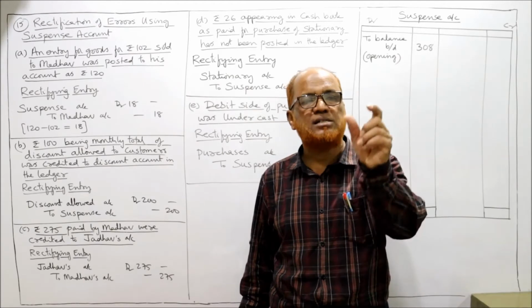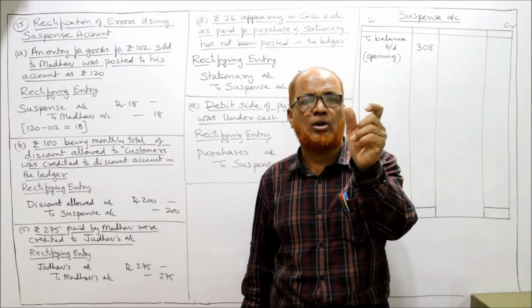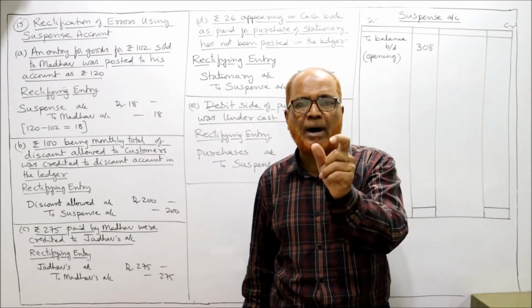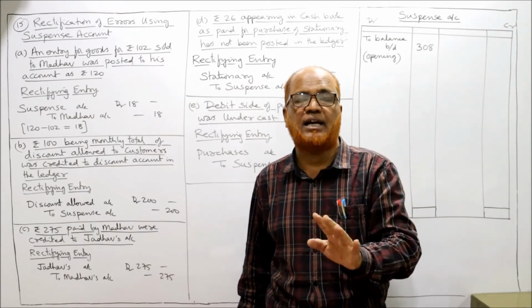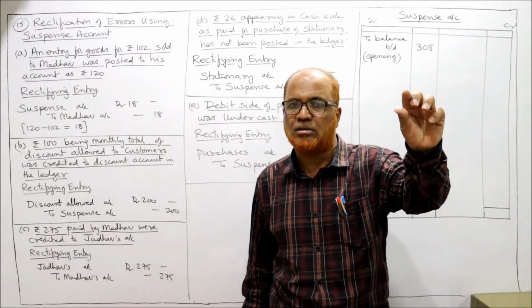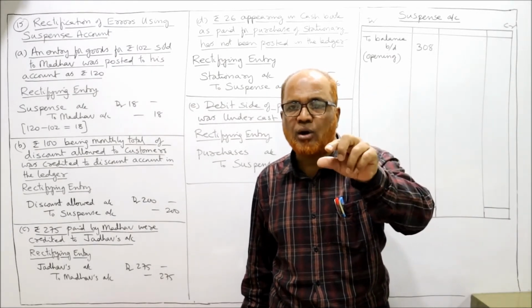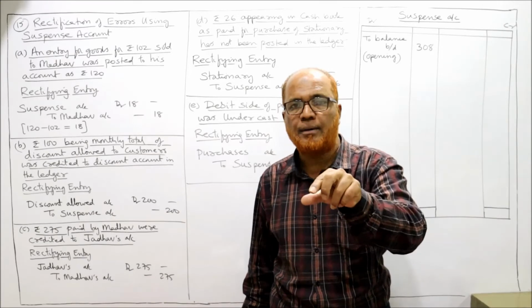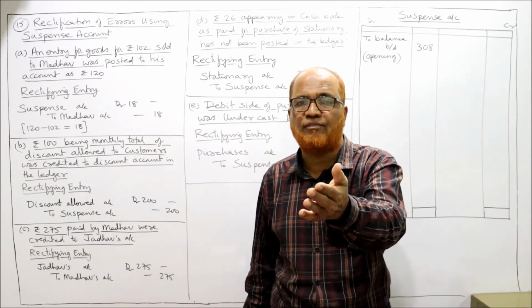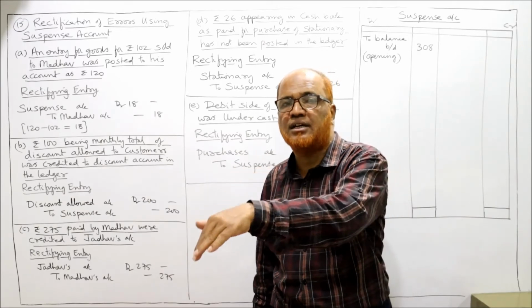The correct entry is cash account debit to Madhav account. Cash account should be debited, Madhav account should be credited. That is the correct entry. There is no error in cash account. Now Madhav account should have been credited, but by mistake, instead of crediting Madhav, the accountant has credited Jadhav.